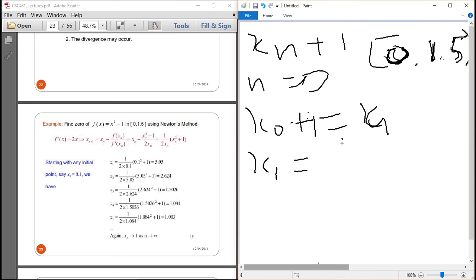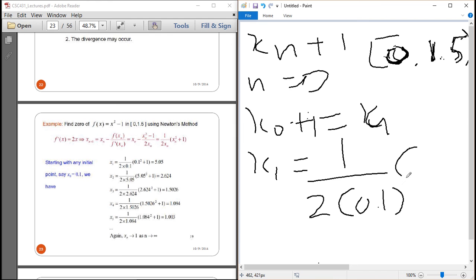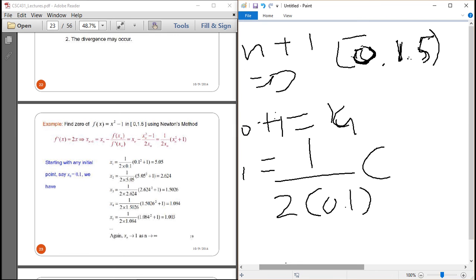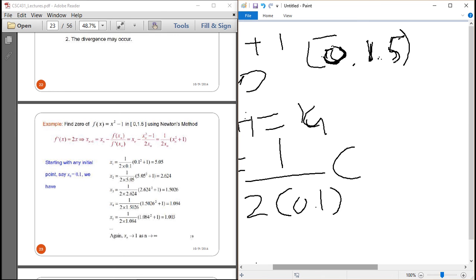So we have x1 equals 1 over 2xn, which is 2 into x naught, 2 into 0.1, then multiplied by xn squared plus 1. Our x naught is 0.1, so 0.1 squared plus 1.